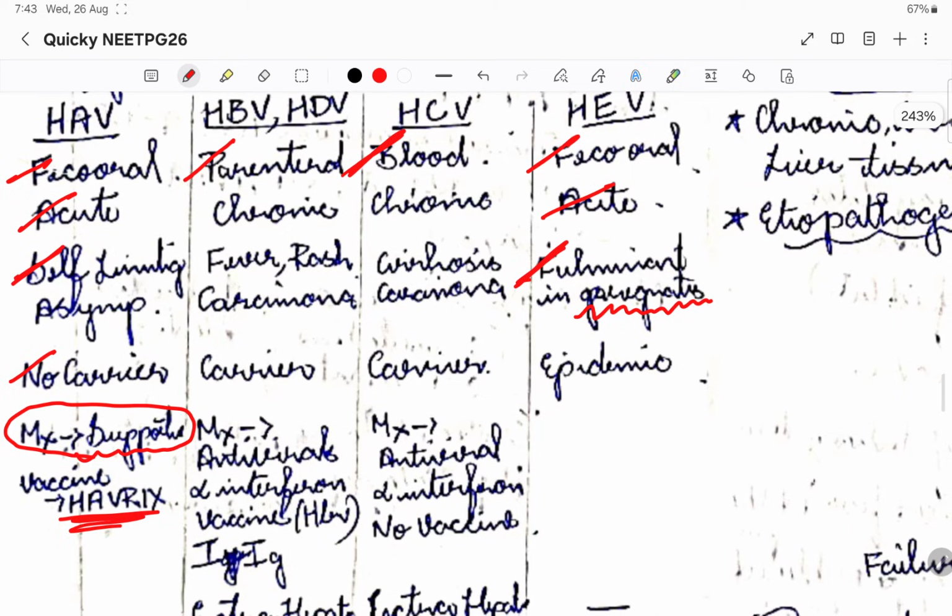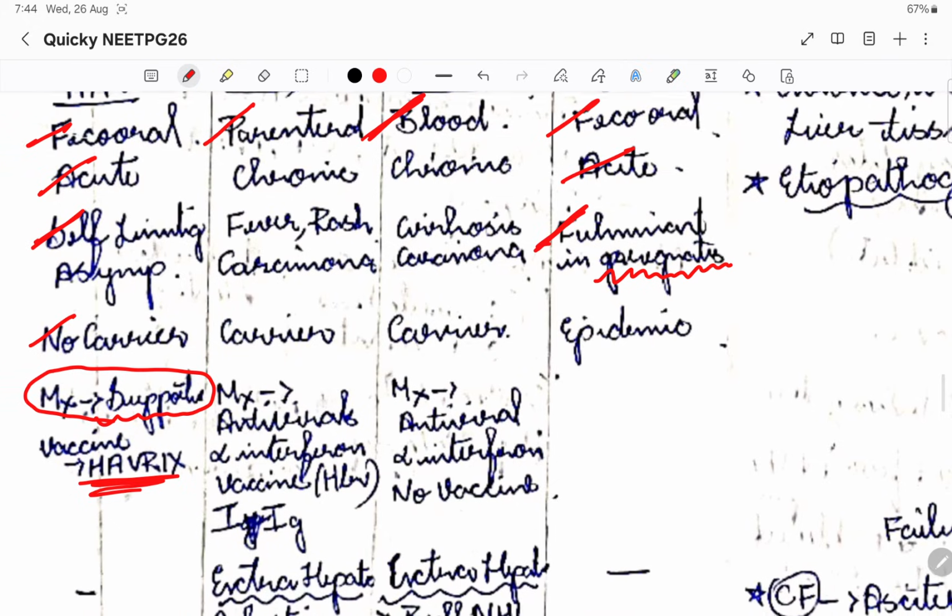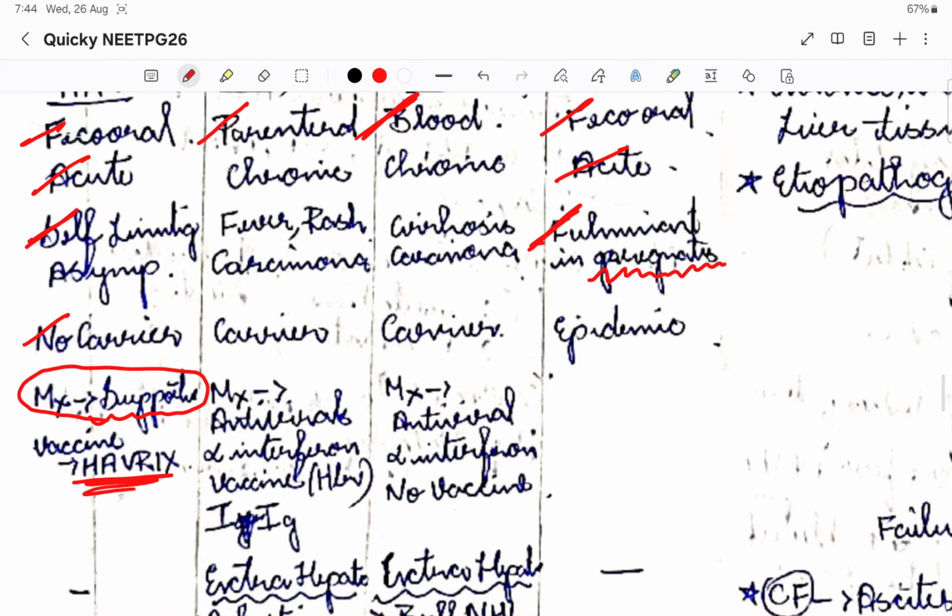Coming to hepatitis B and D, it is the same. Hepatitis D is a co-case with hepatitis B. Please remember it in that way. It spreads by the parenteral route, as I told you. It is basically a chronic case.